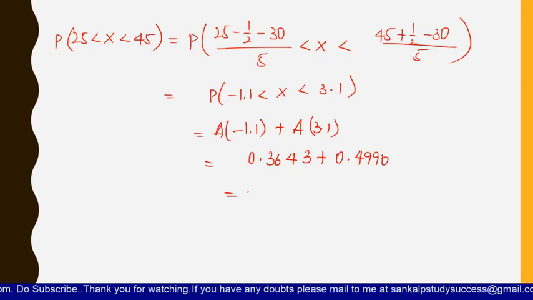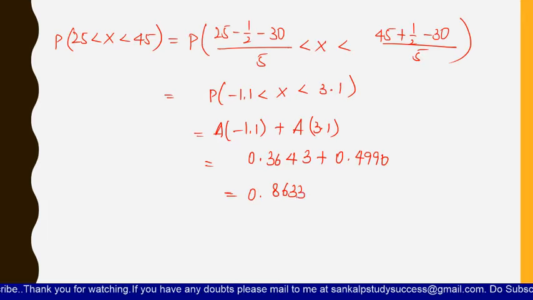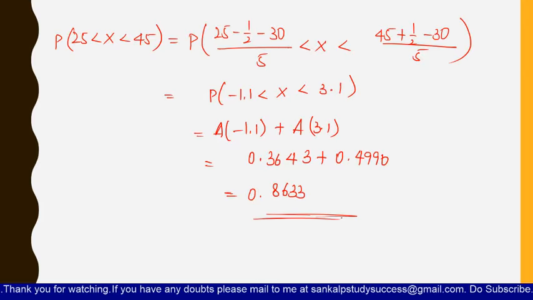If you just add it, you will get 0.8633. This is the final value for P of 25 less than x less than 45. So this is the second problem.